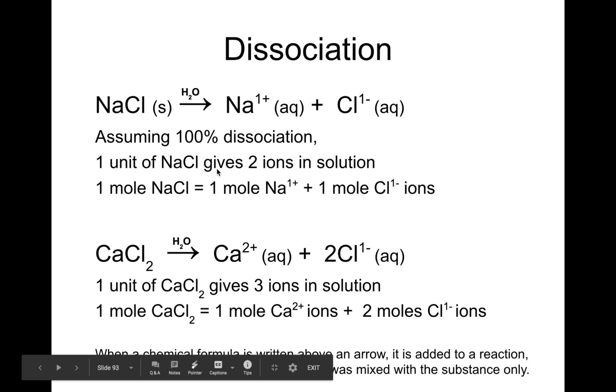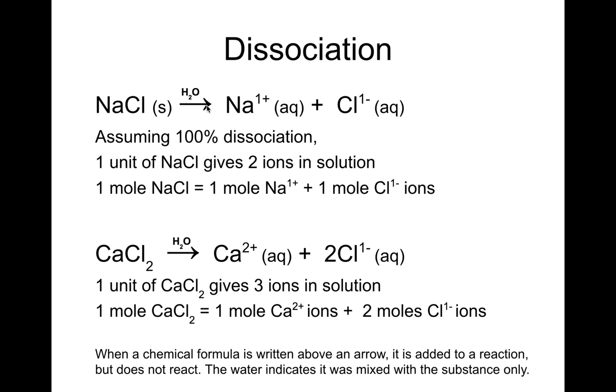In a chemical reaction, when you see a chemical written over the arrow, it is not taking place in the reaction, but rather is added to the reaction. So this first dissociation equation shows that sodium chloride is dissolved in the water to produce sodium ions, still in aqueous solution, and chloride ions, also in aqueous solution.